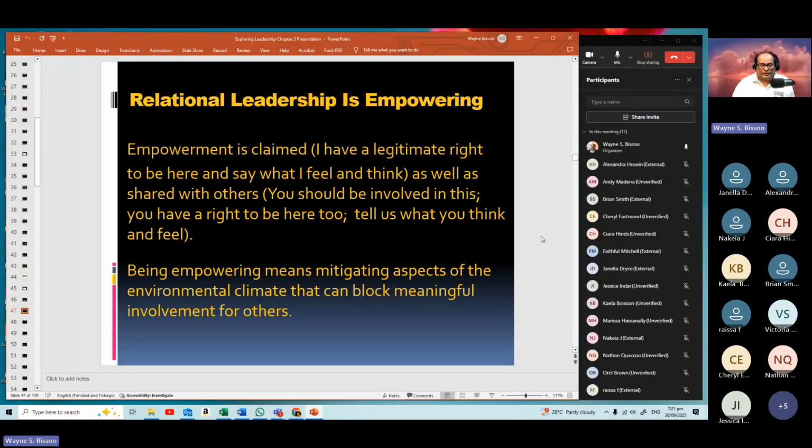That's a very short-sighted view of how organizations ought to run. Unfortunately, in a lot of instances, especially within government organizations, we find that empowerment is not something that is encouraged.